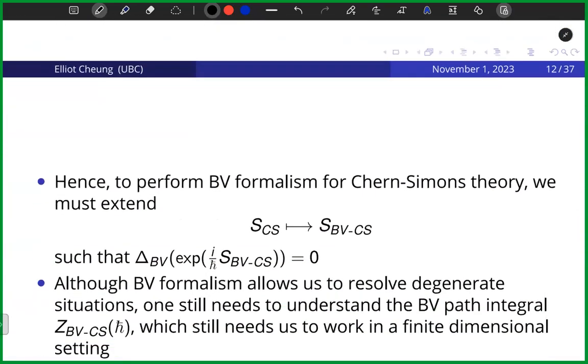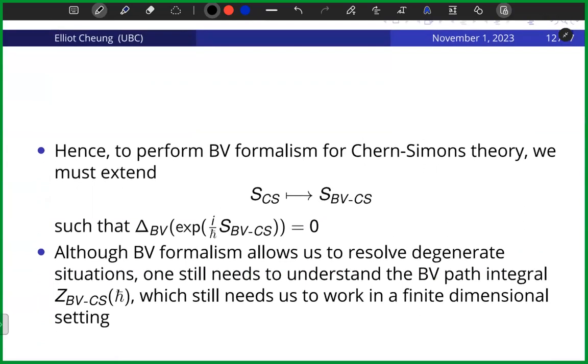So to perform BV formalism for Chern-Simons, the idea is to extend your Chern-Simons action to an action on derived fields such that this master equation is satisfied. And then you can do the BV path integral. However, even with the BV path integral, you'd still need to make sense of it, which in the infinite dimensional context is still messy.